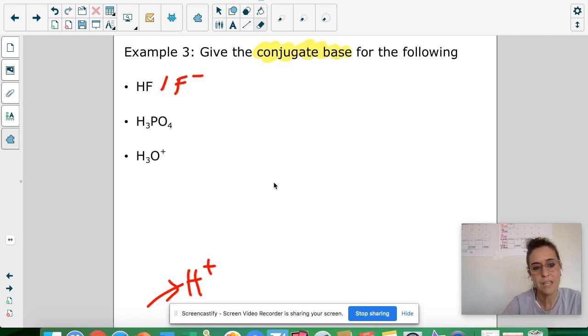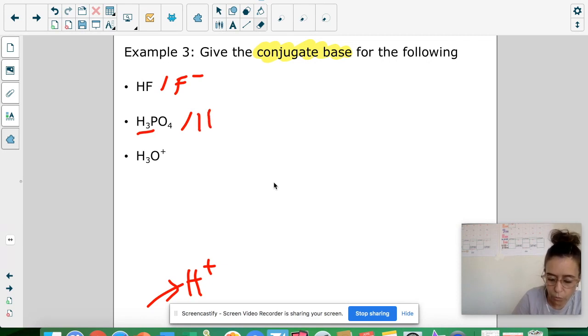Now, if we have H3PO4, and this is an acid because we're looking for the conjugate base, what we need to do is make this substance lose one proton. So if, out of the 3 protons that it has, we remove one, the conjugate base of this acid is going to be H2PO4 minus.